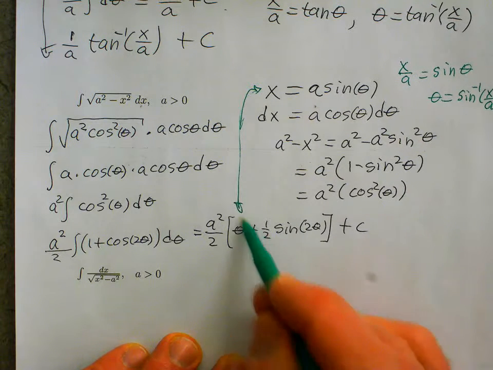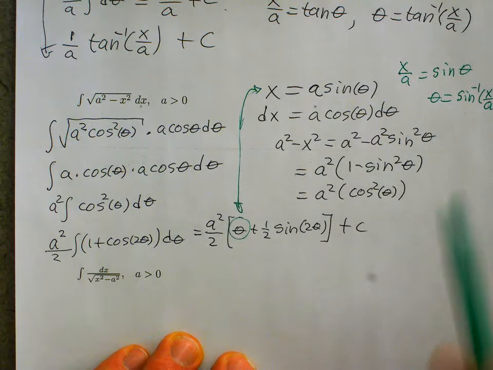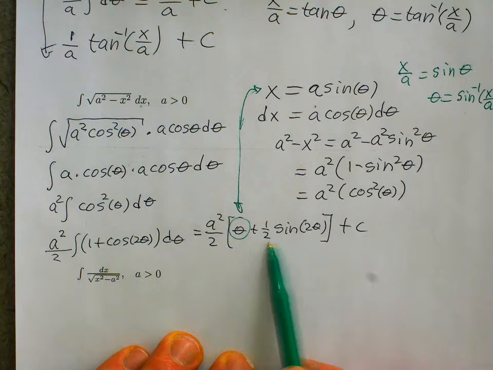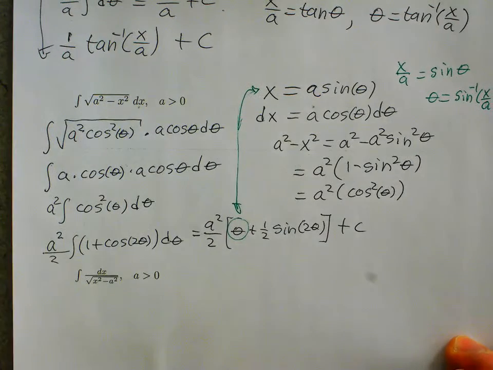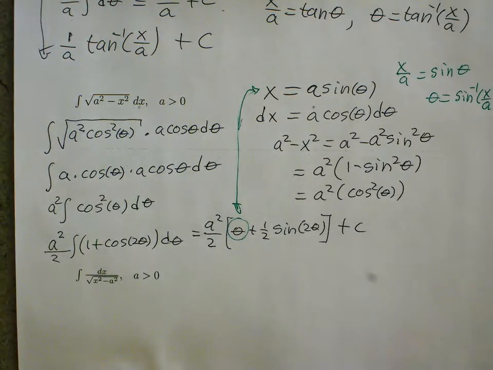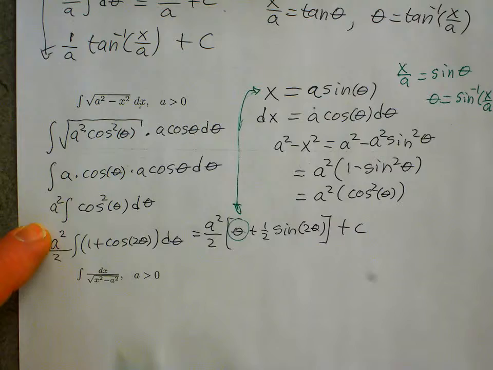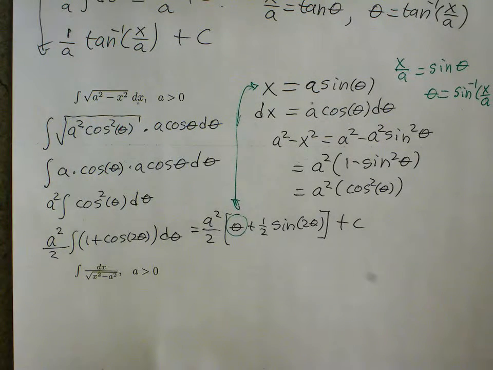So we're going to replace theta with that. And what are we going to do with 1/2 times sine of 2 theta? Since we're running out of time, I'll just use the space down here, and then on Monday I'll give you final exam review part 2, including that problem maybe.